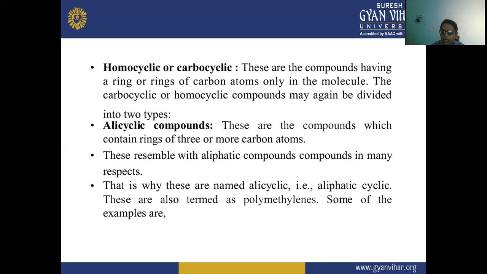These are the compounds which contain three or more carbon atoms, and they resemble aliphatic compounds in many respects, and that is why they are named alicyclic, that is, aliphatic cycle.